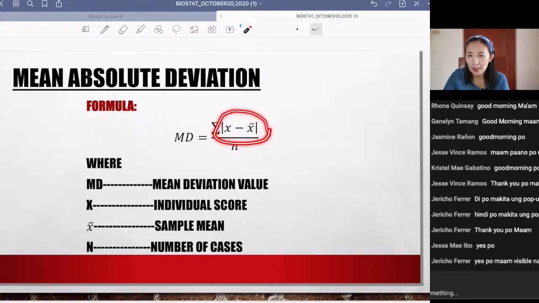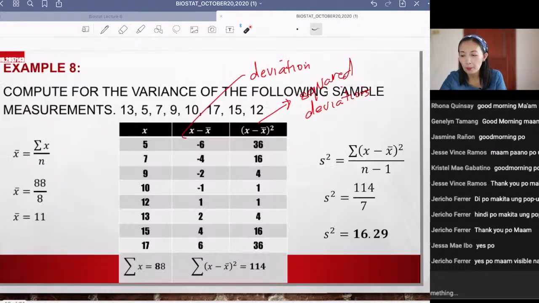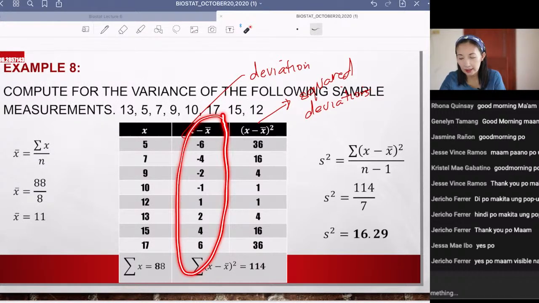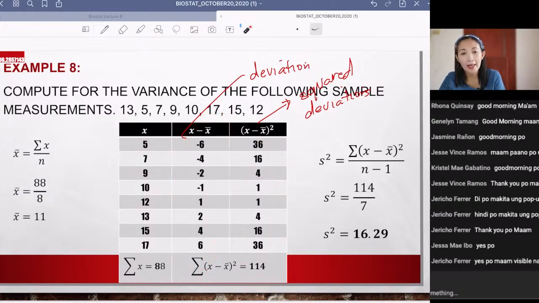Absolute value of x minus x bar, absolute value of the difference between each, okay, each score from the mean, divided by n. Earlier, for variance, what did we do? After getting the deviation from the mean, we squared. Okay, we squared and then divided by the n.